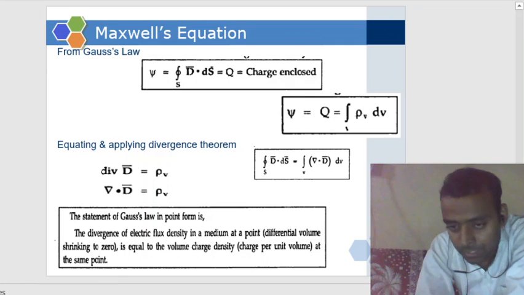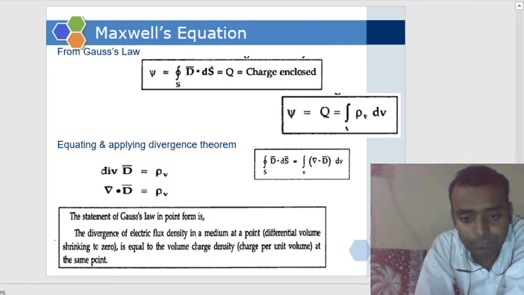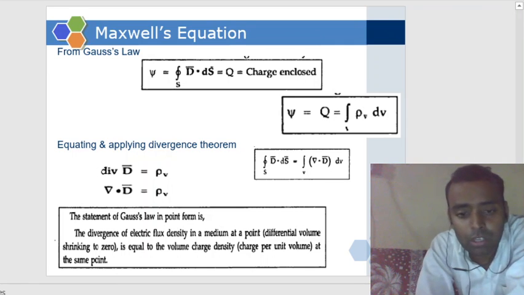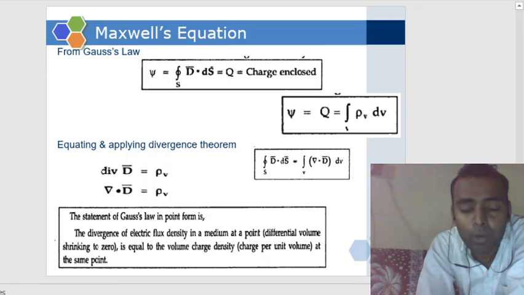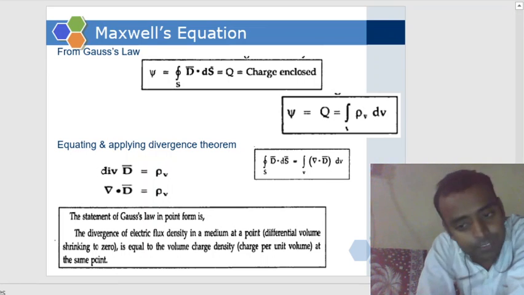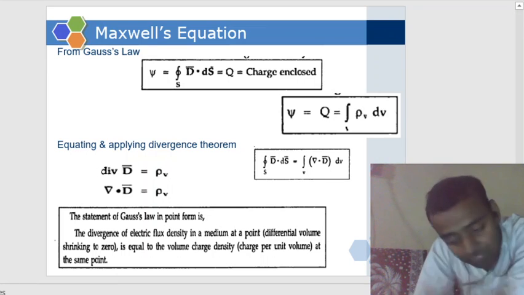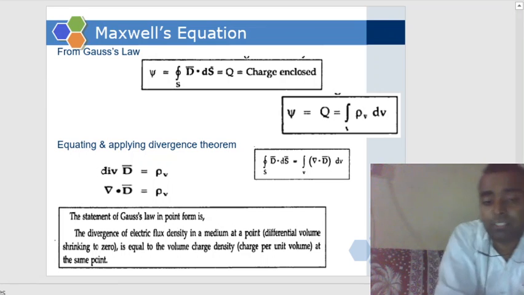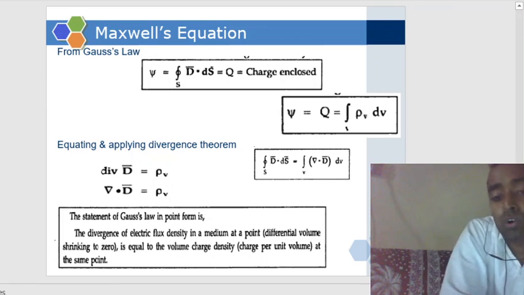From which law has this come? From Gauss law. This is also called the point form of Gauss law. Maxwell's first equation is also known as the point form of Gauss law.